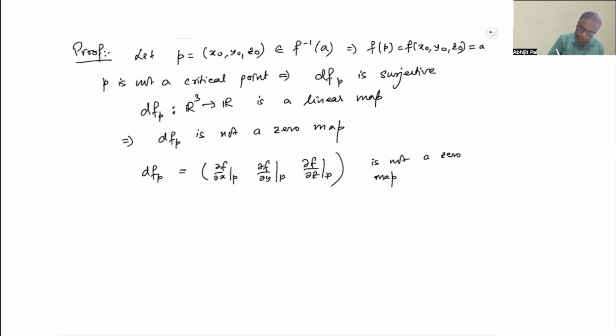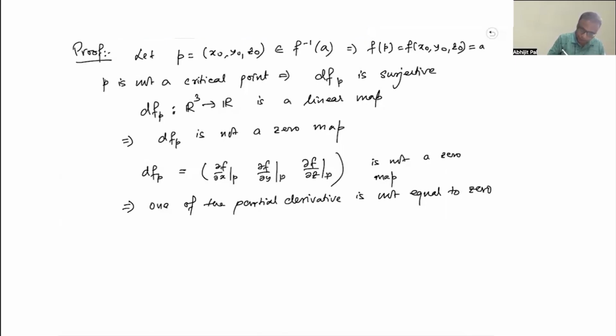So this means that because this differential is not a zero map, one of the partial derivatives will be not equal to 0.